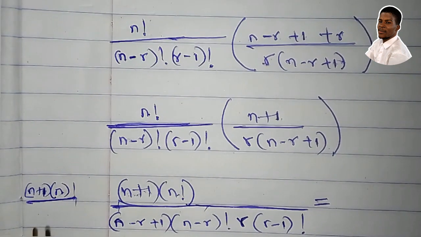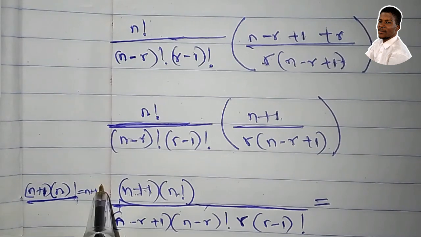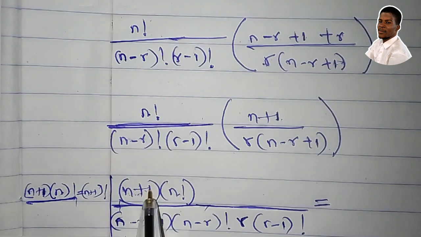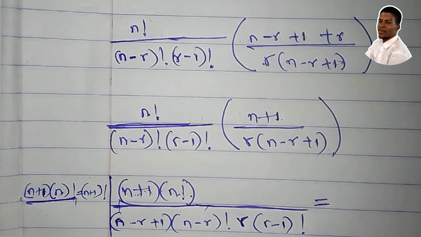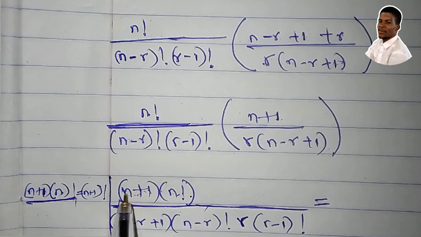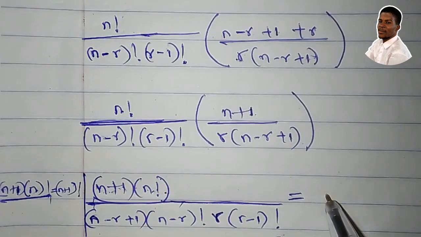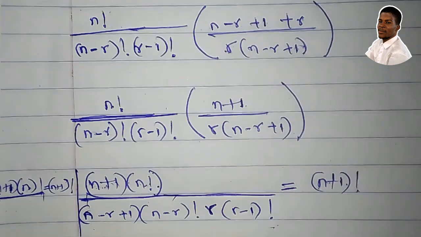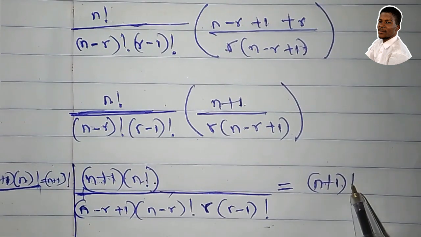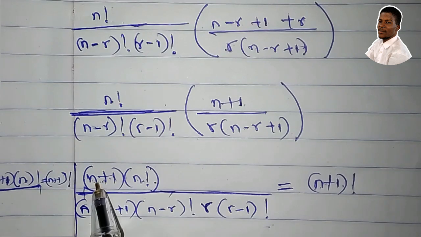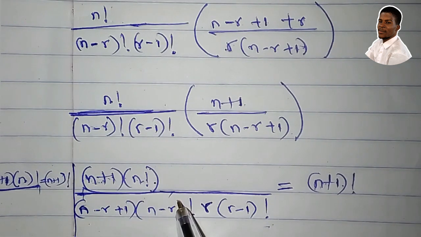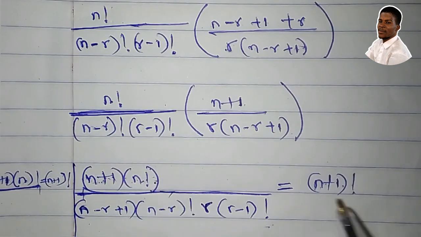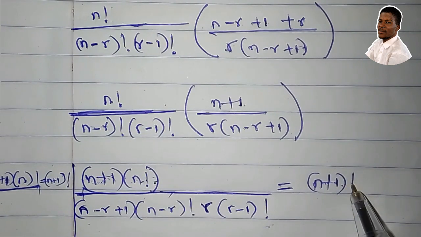Now, this is equal to what? n plus 1 factorial. And what we have here is n plus 1 times n factorial, which means everything at this numerator is the same as saying n plus 1 factorial, because I can expand n plus 1 factorial to get n plus 1 times n factorial. So this numerator, n plus 1 times n factorial, is equal to n plus 1 factorial.